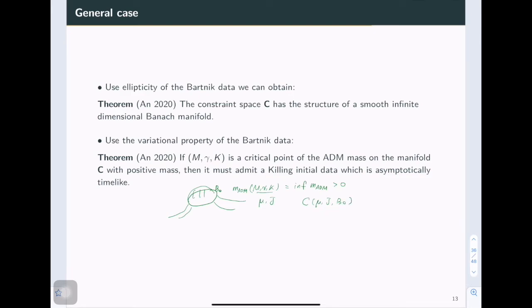Then we know that because the ADM mass of this M gamma K is the infimum, this M gamma K must be a critical point of the ADM mass function on this manifold C. Then by this theorem, we know that such a mass-minimizing extension must admit a Killing initial data.